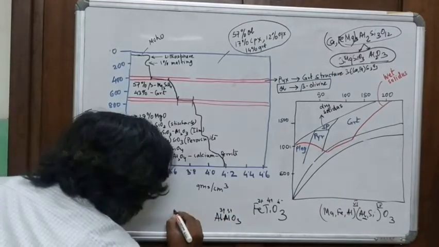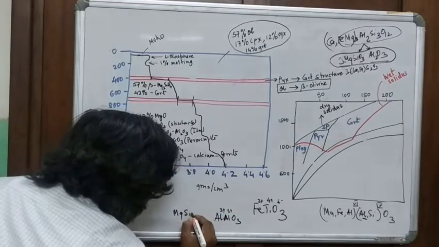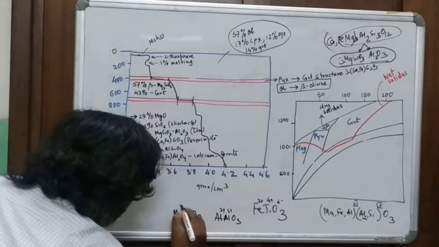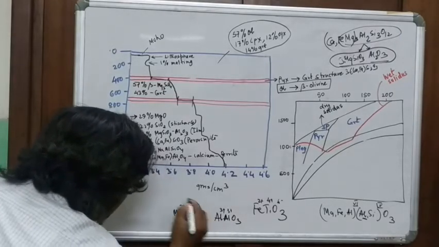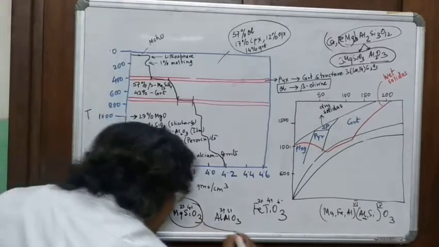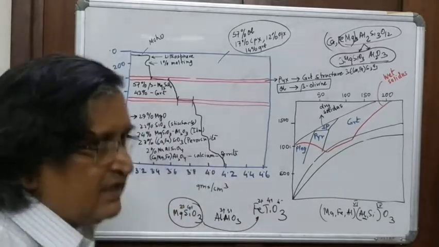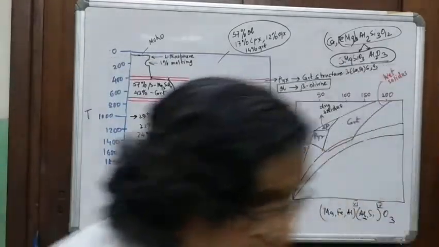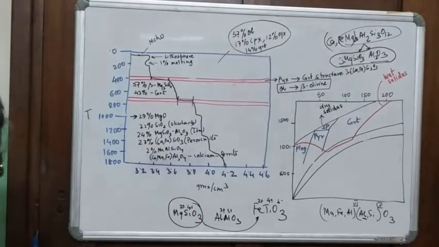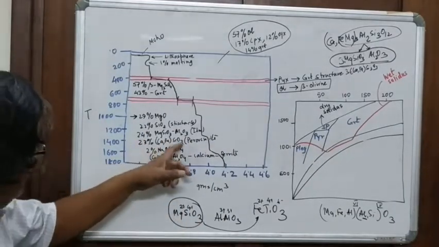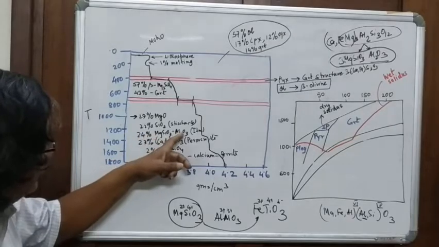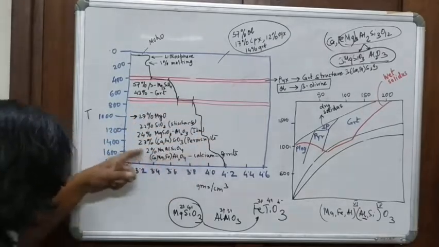And you have MgSiO3, again 2 plus and 4 plus. This is also a pyroxene, but with an ilmenite-like structure. So that is very important. So all the pyroxenes that you might have, now you have MgSiO3, Al2O3. You see there is no garnet here.